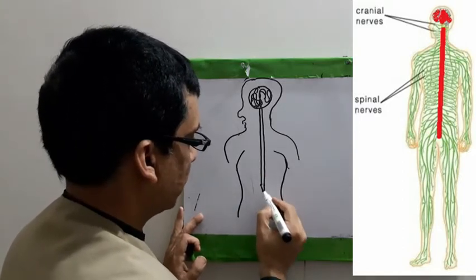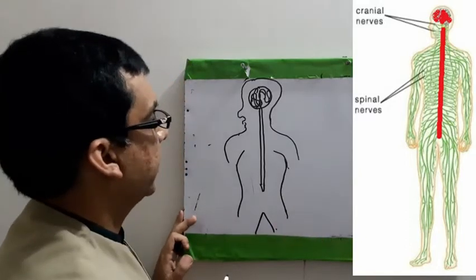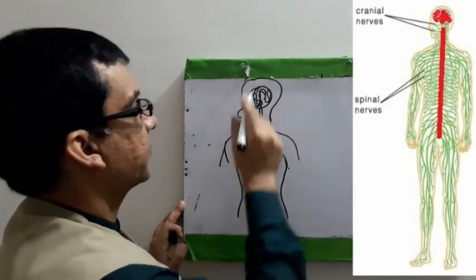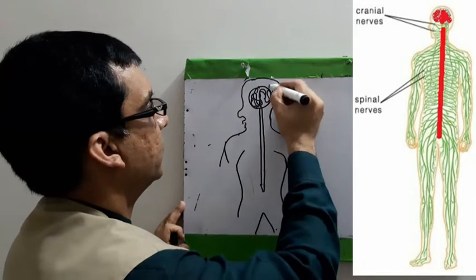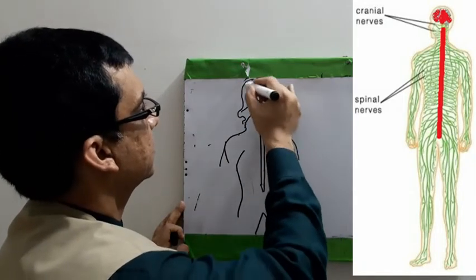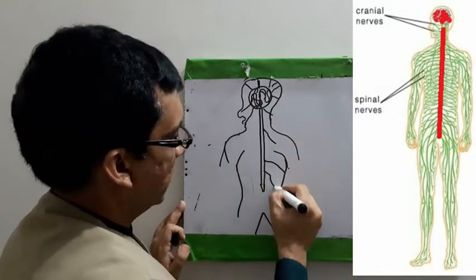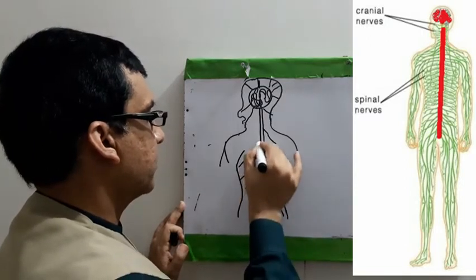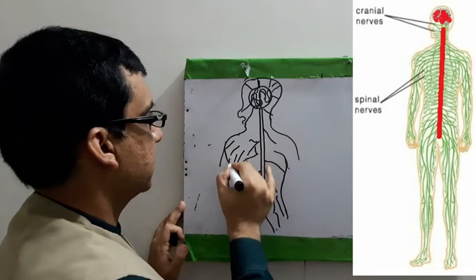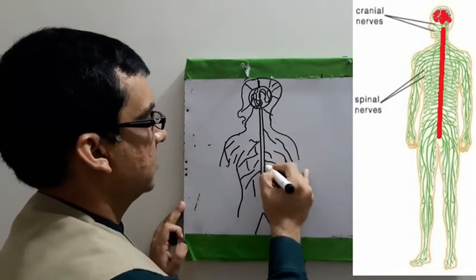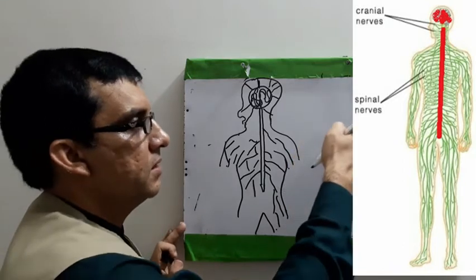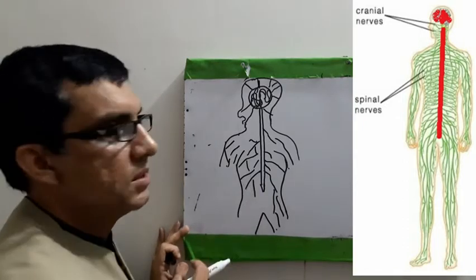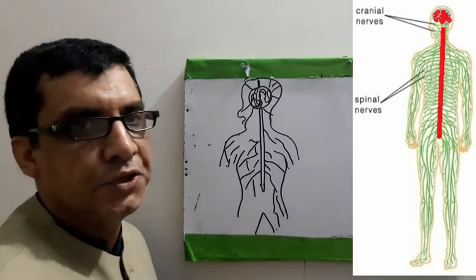From the spinal cord, as well as from the brain, the nerves arise in the form of a network. These nerves arise from the spinal cord and are scattered throughout the body. You can also see that in the diagram. Then these nerves are divided into two groups.